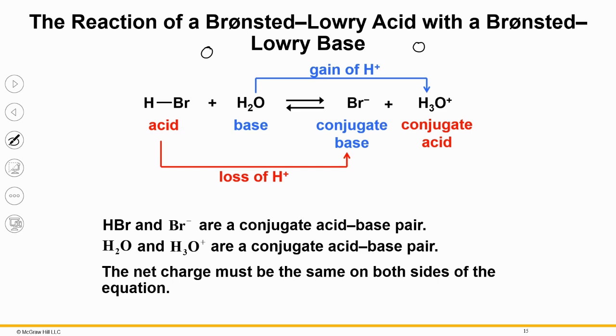And then we also have to make sure that our hydrogen is balanced. So our hydrogen, H plus, just moved from the acid to the base. The other thing to watch out for is the only difference between the acid and the base is this H plus. So this is neutral. We lost a plus charge, so we have to get a negative on our conjugate base.